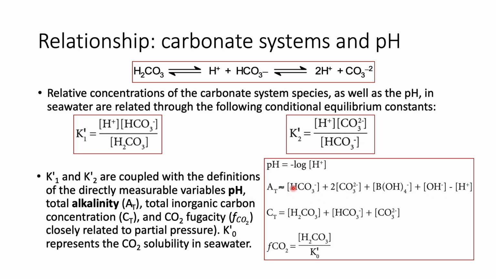That is why this is called the total alkalinity, and this is called the total inorganic carbon content. And for the fugacity or partial pressure, it is the concentration of carbonic acid divided by the first equilibrium constant, which is the CO2 solubility in seawater.